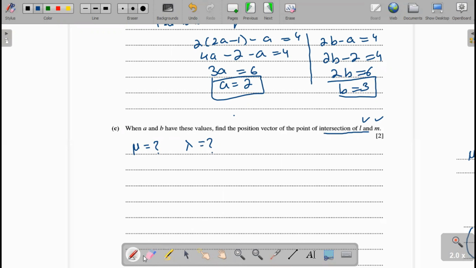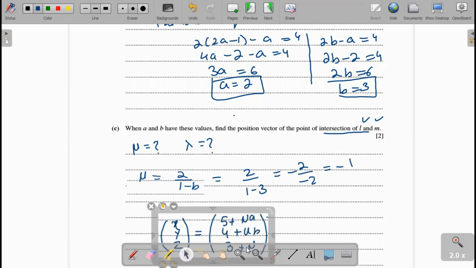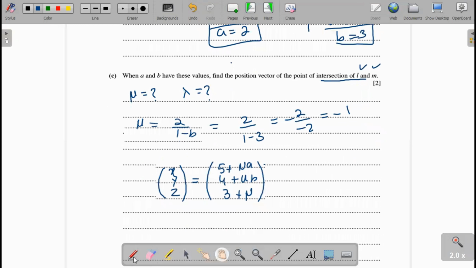The value of mu is 2 over 1 minus b, we already found. Now we put the value of b as 3, we can write 1 minus 3, and that gives 2 over minus 2, and mu will be equal to minus 1. Now this value is put in the equation of vector line L, or here we put this. This is the equation of line M.